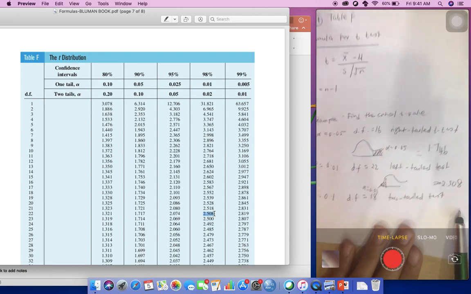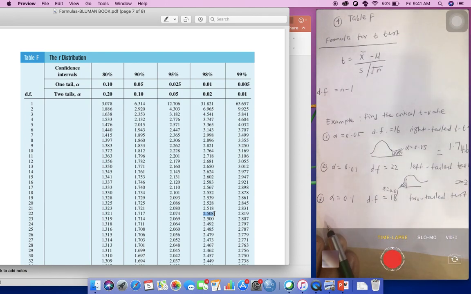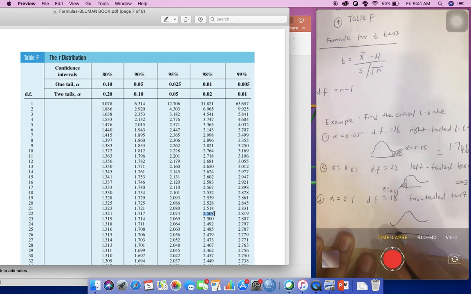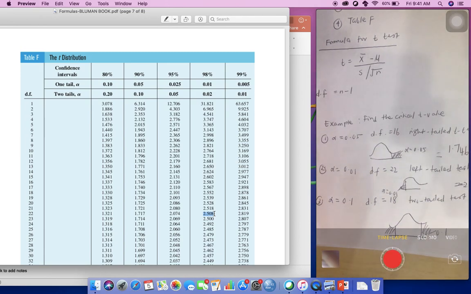For the third example, alpha equals 0.1 for two tail. So 0.1 for two tail, and the degree of freedom is 18.